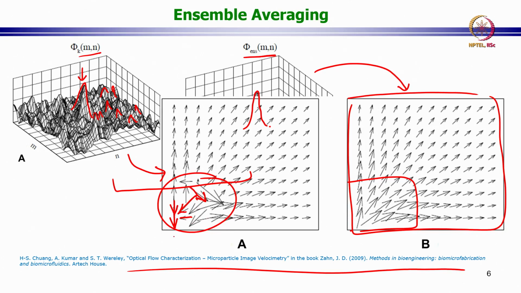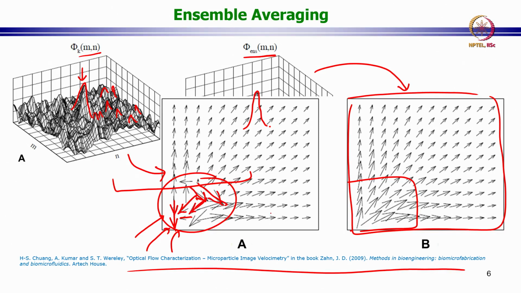It looks like there is a source type flow, something flowing out from this corner and going in different directions. But suddenly you have a line here which is very long. You also have flow reversal all of a sudden in this case, and these seem to be spurious vectors, right? So an algorithm which can detect this and replace them with correct vectors.